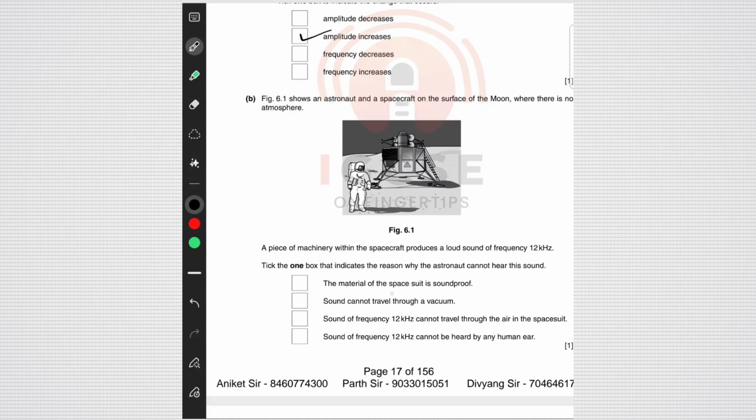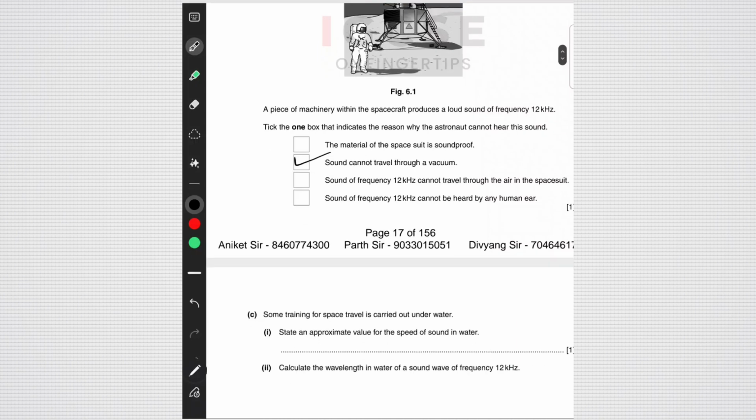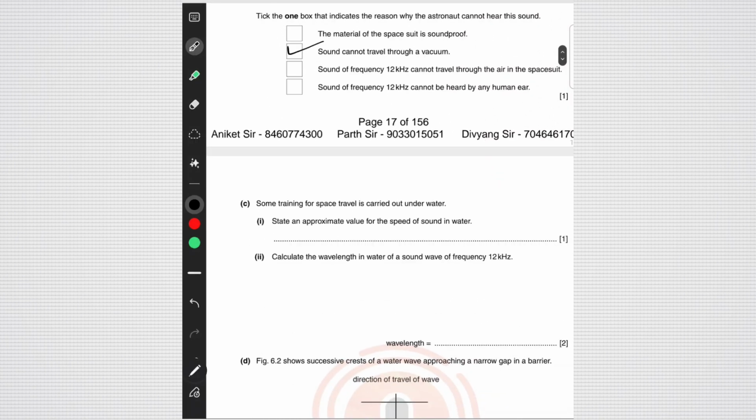Material of the suit is not soundproof, cannot travel through vacuum. Right? Some training for space travel is carried out underwater. State an approximate value for the speed of sound in water: 1500 meters per second. Calculate the wavelength in water of a sound wave of frequency 12 kilohertz. So, lambda is equal to v by f, and v is 1500, f is 12 kilohertz.